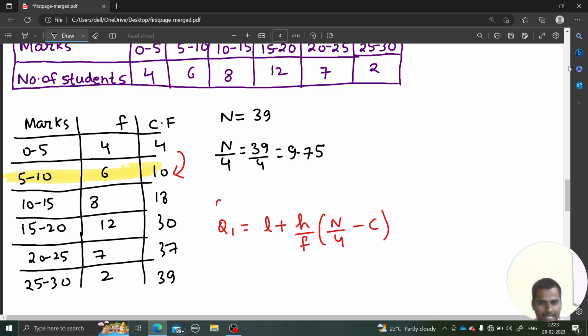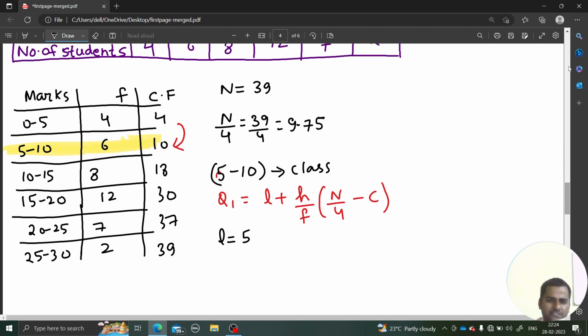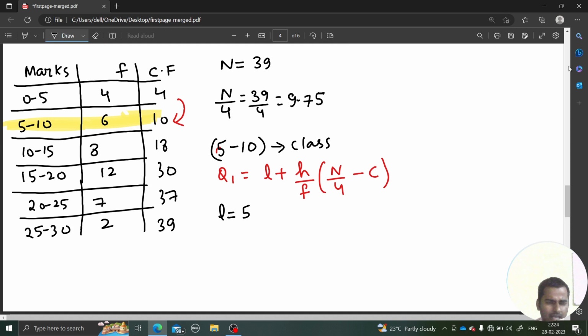Lower limit is 5, so we'll find Q1 from this class 5 to 10. Now if you find this, the lower limit is 5. Now h will be the same throughout the problem, because h is nothing but the width of each class.